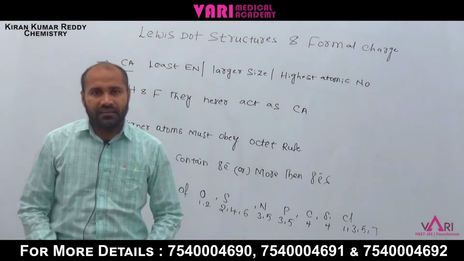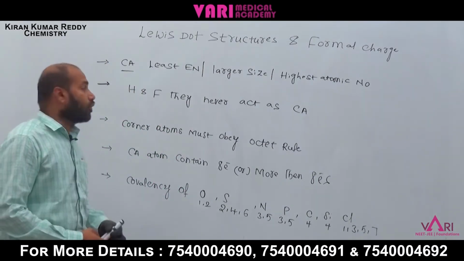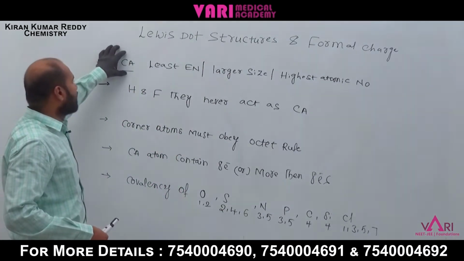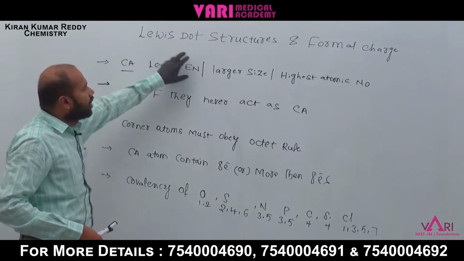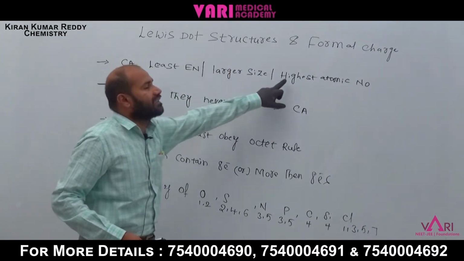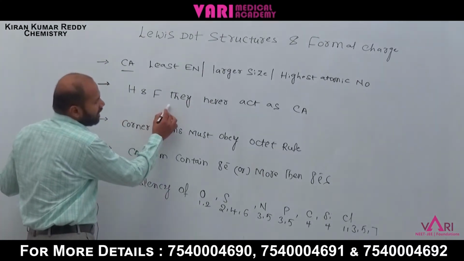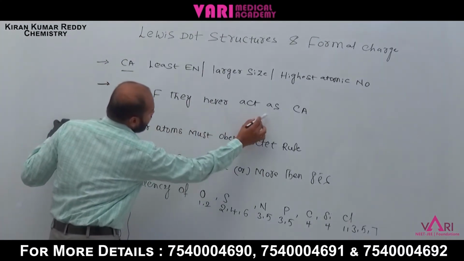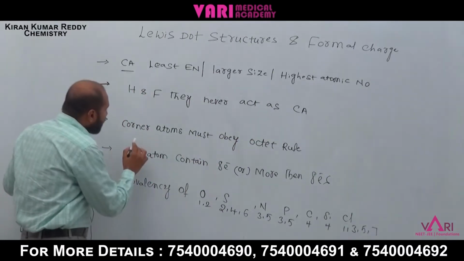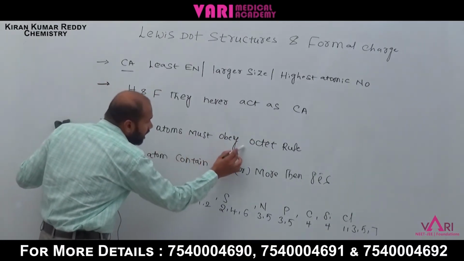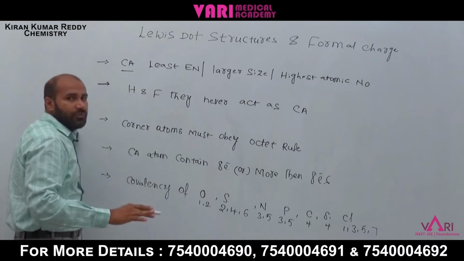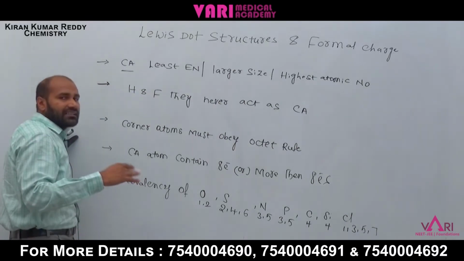These are the central atom selecting rules. First one is the central atom is least electronegative, larger size, highest atomic number. Next, hydrogen and fluorine never act as central atom. Next, corner atoms must obey the octet rule. What is the octet rule?